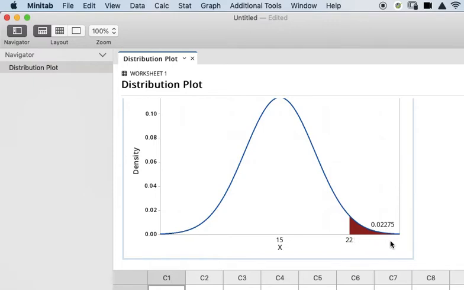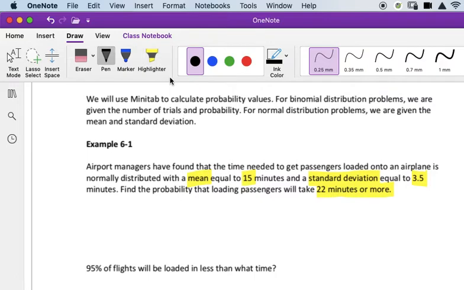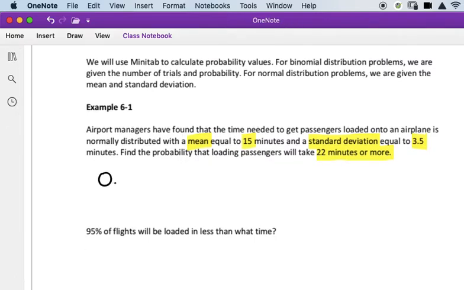And so my answer is going to be above the graph, this 0.02275. I need to pay attention to how the homework wants me to round if I'm doing this in a homework problem. With 4 digits after the decimal point, I would round this up to 0.0228. So if I'm going to write my answer, it would be 0.0228.